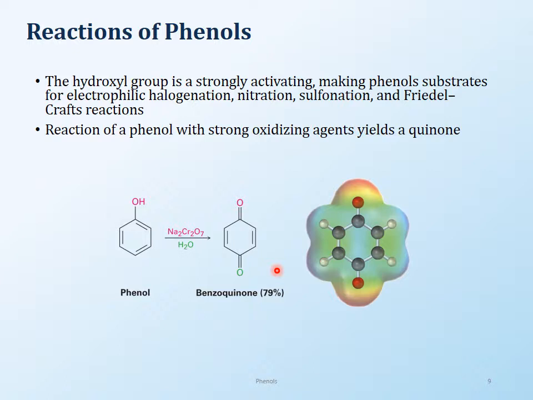Again, these are highly oxidized systems. And remember, the hydroxyl group is a very strongly activating group, and as we talked about before, phenol really activates the benzene ring, and so it makes it easy for you to do halogenation, nitration, and all sorts of wonderful reactions on the benzene ring, sometimes even without a catalyst.